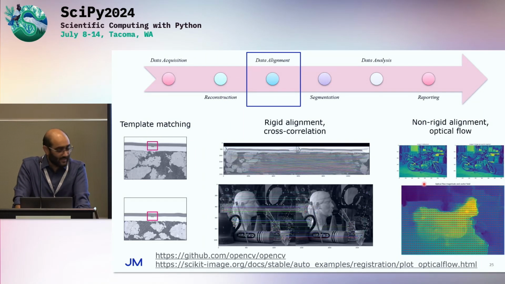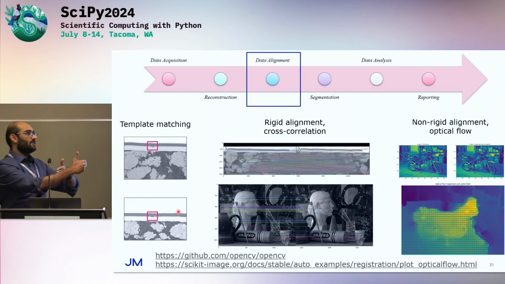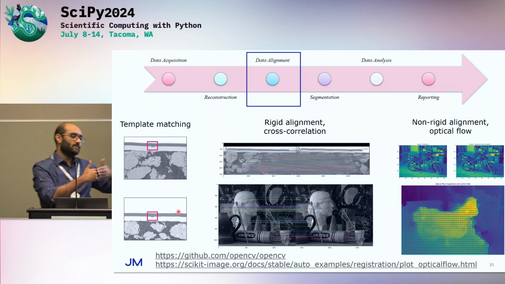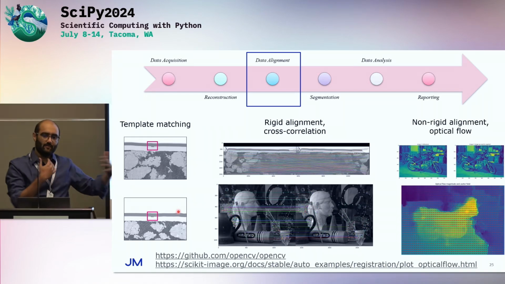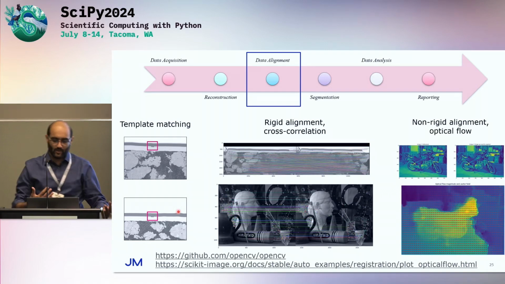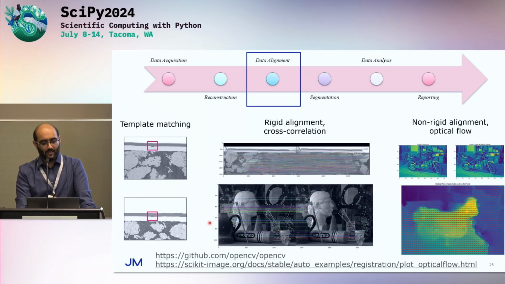Similarly, when you're doing data alignment, there's another library I'd like to recommend. We have a three-step process. Sometimes we do template matching to align our images. When you take these tomograms and scans, you sometimes have drift and other issues, and you may have instabilities in your samples. You want to correct for these. We have different processes to do that, from template matching and rigid alignment to optical flow methods.